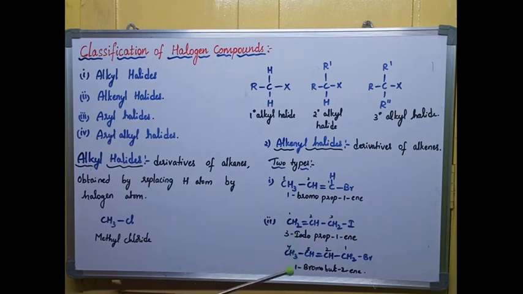Actually we should give preference to the substituent, but when a double or triple bond is present, you should give preference to the double or triple bond. Numbering from either side gives number 2 for the double bond carbon, but here bromine gets the least number when numbering from this side, 1, 2, 3, 4. So 1-bromo-but-2-ene. That is an example of alkenyl halides.